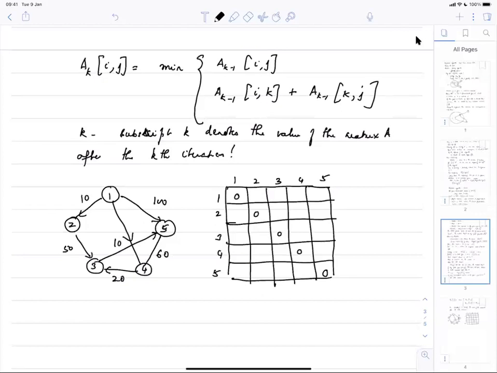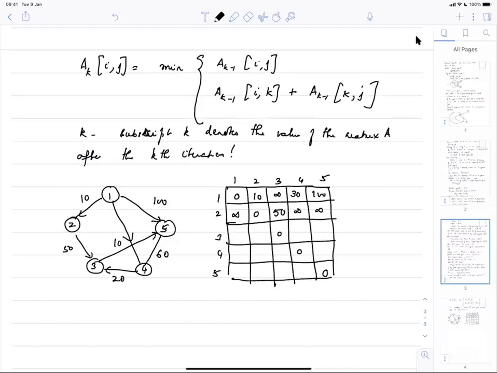So we start updating this matrix. Initially we set A of i comma j: row 1 is 0, 10, infinity, 30, and 100. Row 2 is infinity, 0, 50, infinity, infinity.